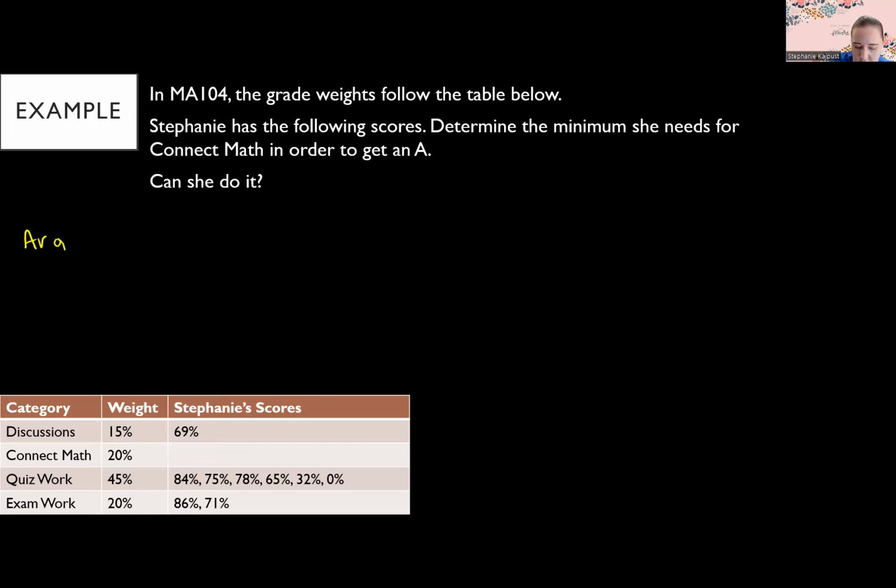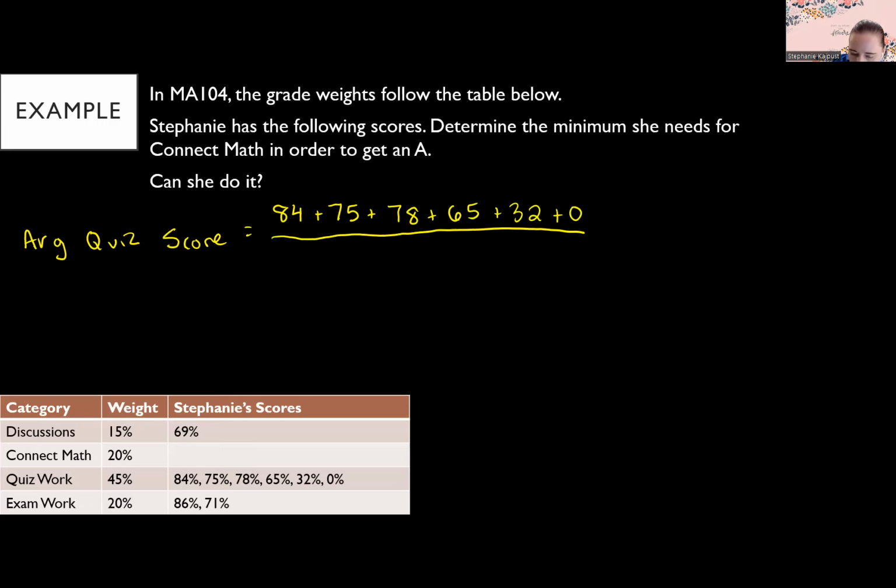That is adding up all of your scores and dividing by how many you have. There are 6 quiz scores, so we're dividing by 6. That's 84 plus 75 plus 78 plus 65 plus 32 plus 0. And yes, you do need to include that 0 score.